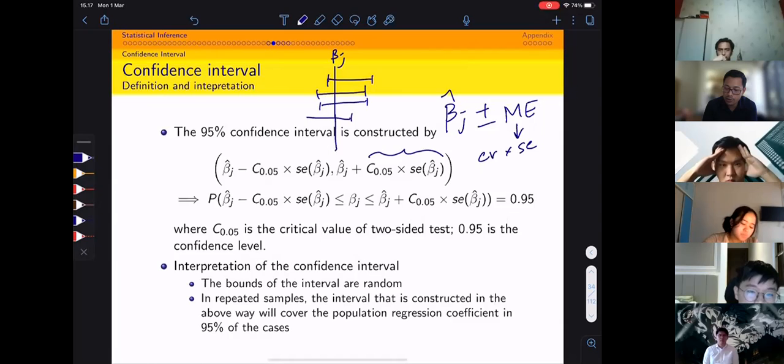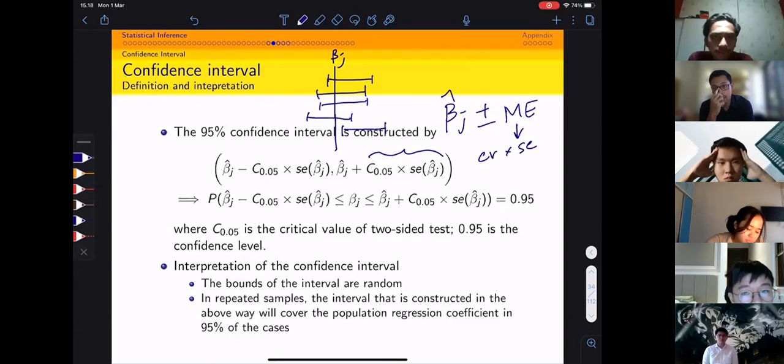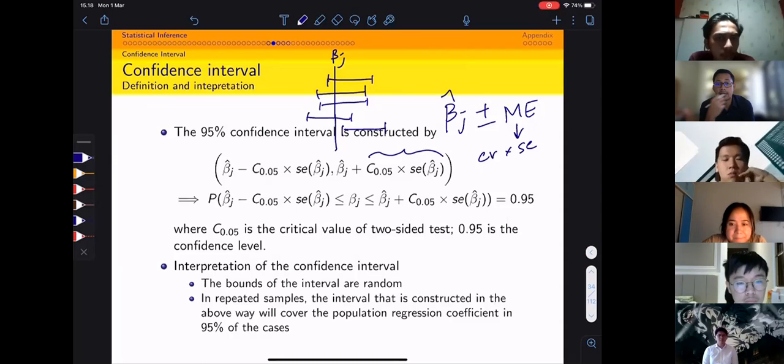In another sample, you also include the true value. But in another sample, the interval does not include the true value. So the idea is that if you have 100 intervals, 95 out of the 100 intervals will include the true value of the parameter. That's the idea of a 95% confidence interval. If you have a 99% confidence interval, then 99 out of 100 intervals that you get from repeated sampling are going to contain the true value.